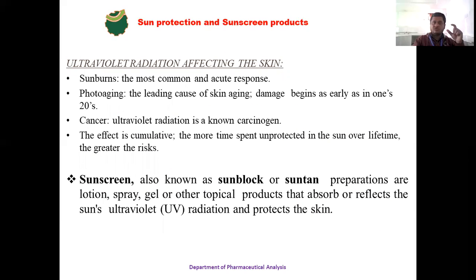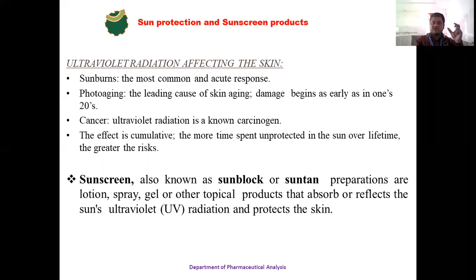Our main aim is to protect the skin from UVB rays, because whenever any person is exposed for more time in sunlight, there is a chance that UVA rays will have an effect. UVA rays have an effect when the skin is exposed for a longer time. UVB rays can give an effect whether the duration is short or long. Mainly UVB rays cause more harmful effects compared to UVA rays.